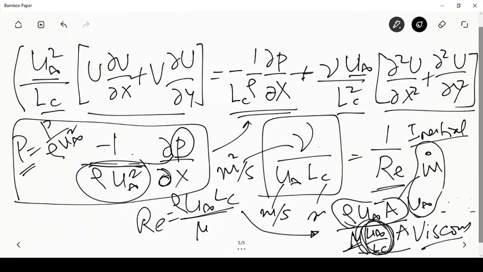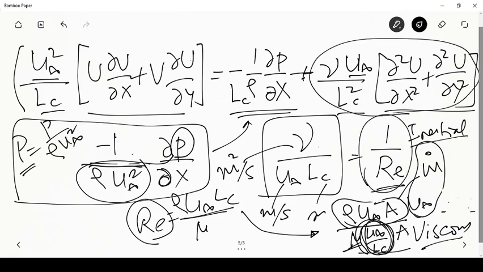So this Reynolds number is a quantity which determines whether the flow would be inertia dominated or viscous dominated, and therefore unstable or stable. So your viscous term here actually is multiplied by 1 over Re.